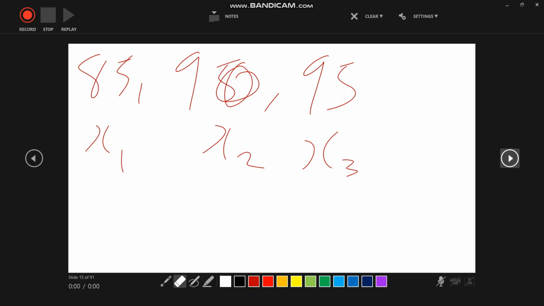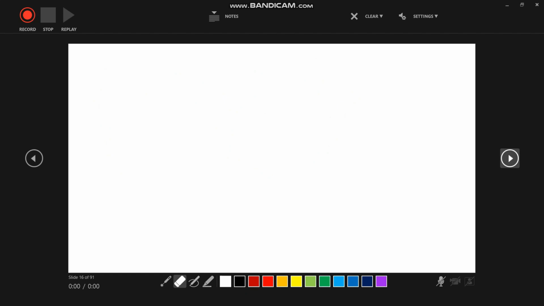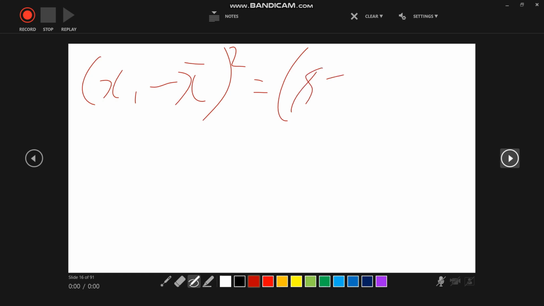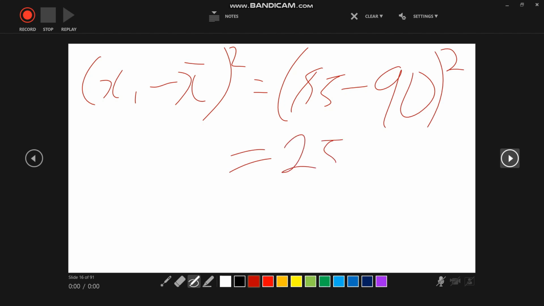We will find x1 minus x bar, then square it: our x1 is 85 and our x bar, which is our mean, is 90, so 85 minus 90 squared gives us 25.